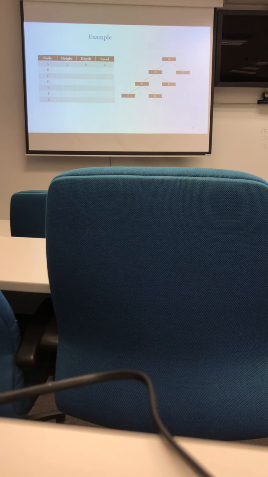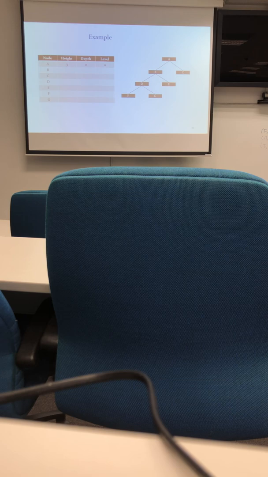Okay, now we look at B. What is the height of B? If we want to calculate the height of B, we have to look at the longest path from B to a leaf and count the number of edges.